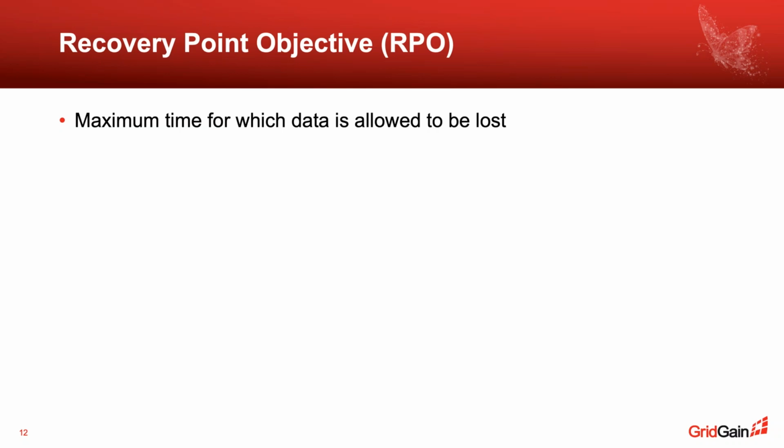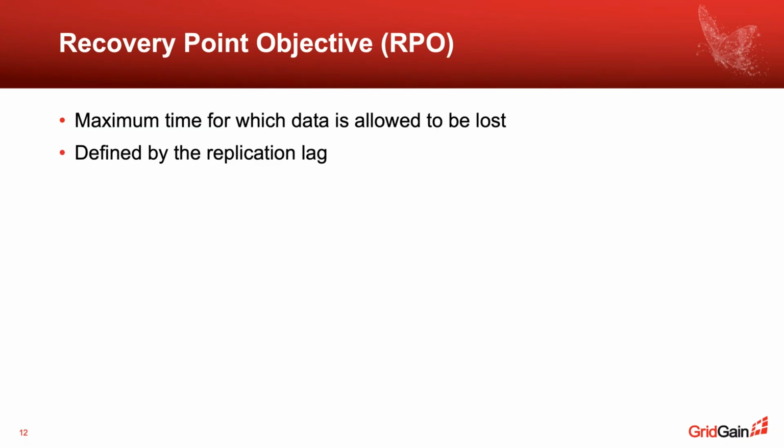Your business, users, or regulations may require you to provide a certain RPO. So by this requirement, you will see that some solutions for disaster recovery can be used, and some just cannot because they don't meet the required RPO.